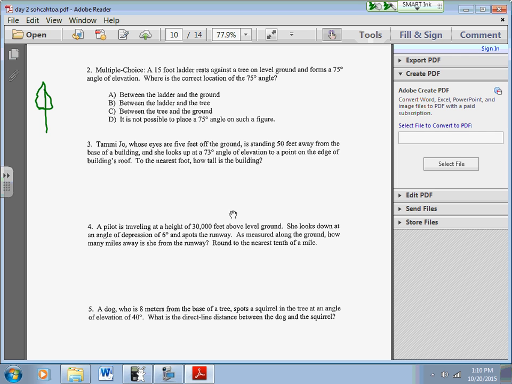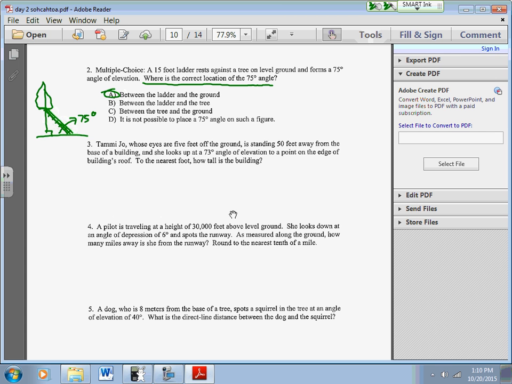And it says the 15-foot ladder rests, so there's a 15-foot ladder, and it rests against a tree on level ground and forms a 75-degree angle. The angle is right here. So what is the correct location of the angle? It is between the ladder and the ground. Okay.